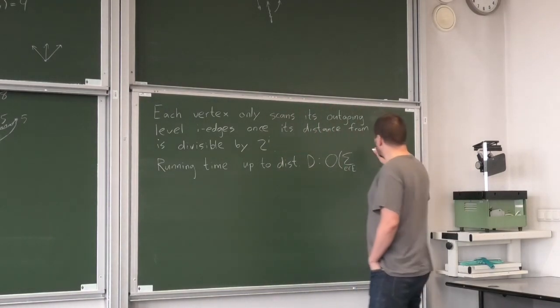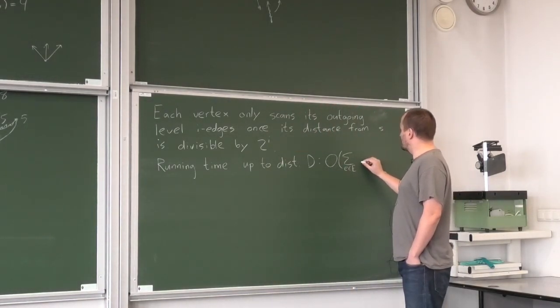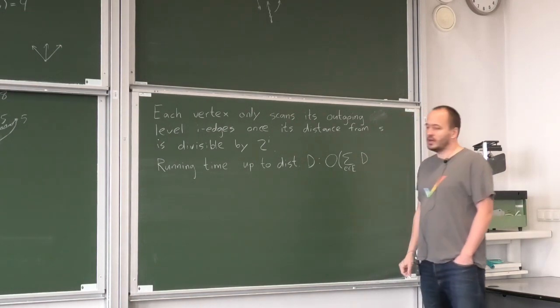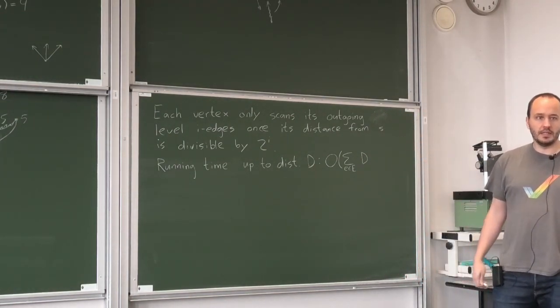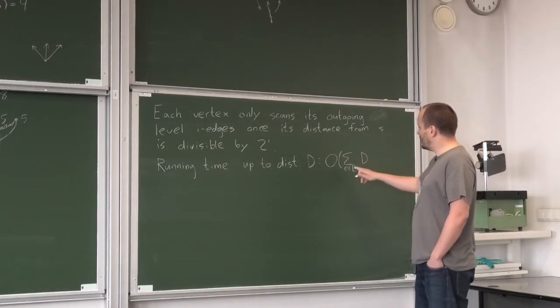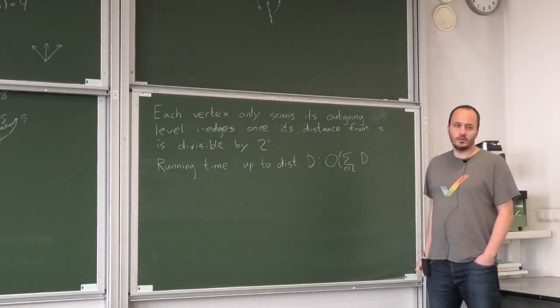So let's write something that is not correct. This would be normal eventual log, because there are D levels and it would pay D times. But what should I change this to?